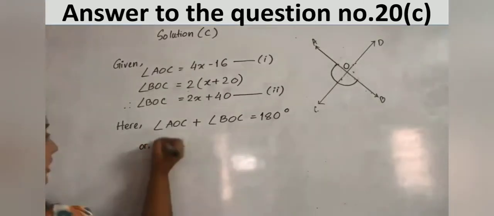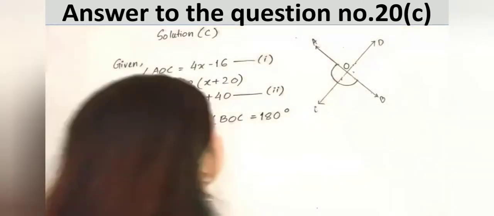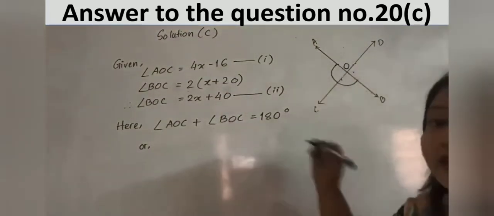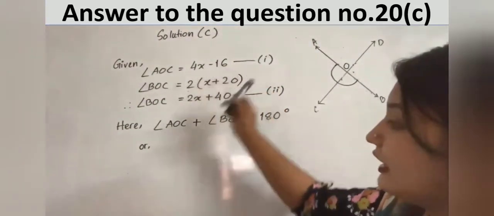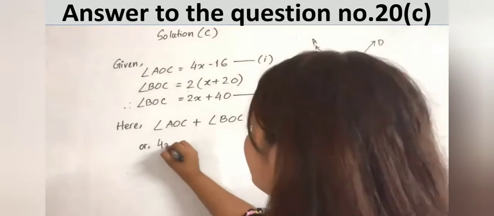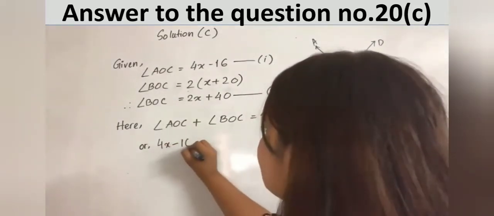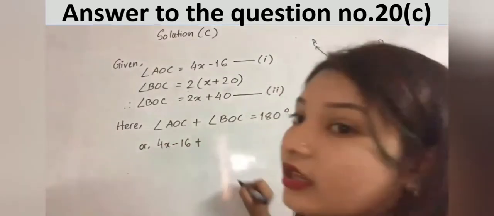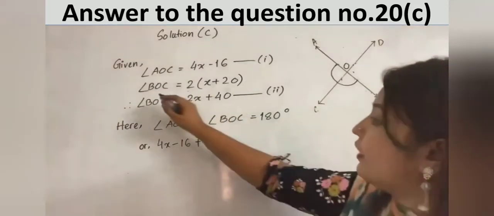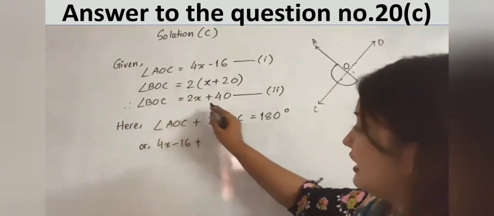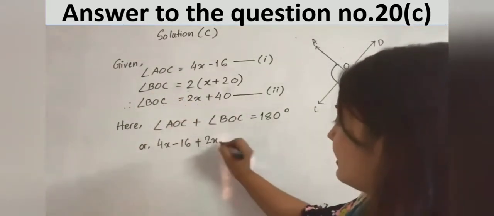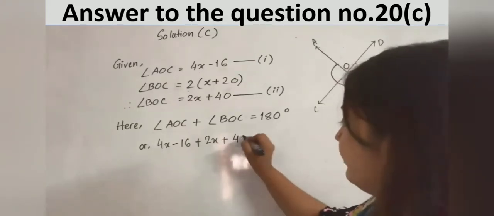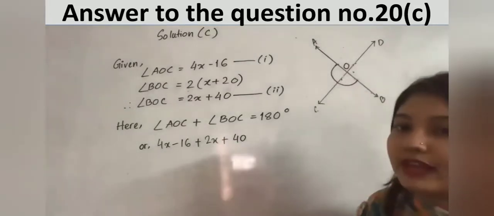Now I will put here the value of angle AOC. As you can see on the board, what is the value of angle AOC? 4x minus 60. So I am writing here 4x minus 60. Then plus, what is the value of angle BOC? Yes, here we get 2x plus 40. So I have put the values here.